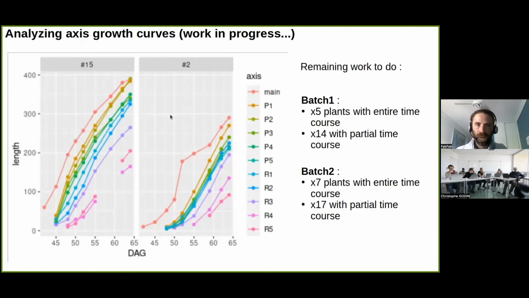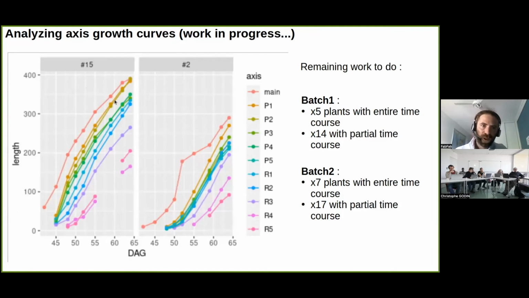Okay. And for example here, what I did was I plotted the growth curve of the different branches of the plant. So for the two plants I presented before, in red that's the main stem.